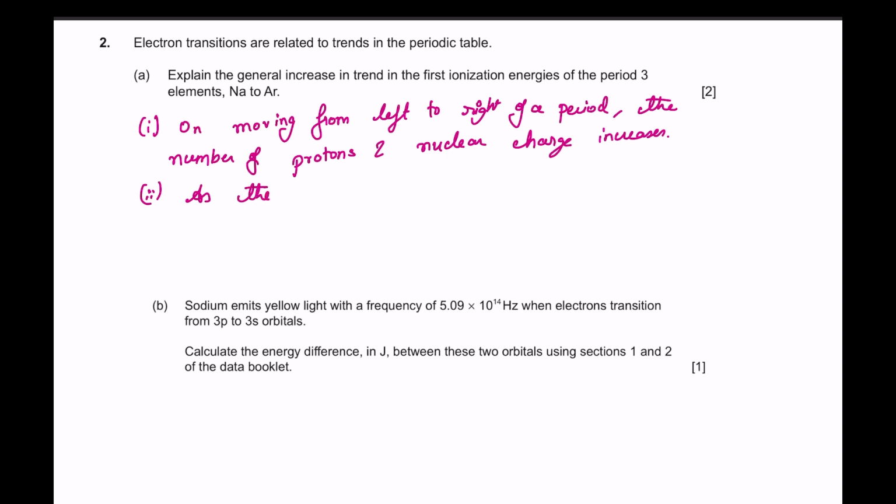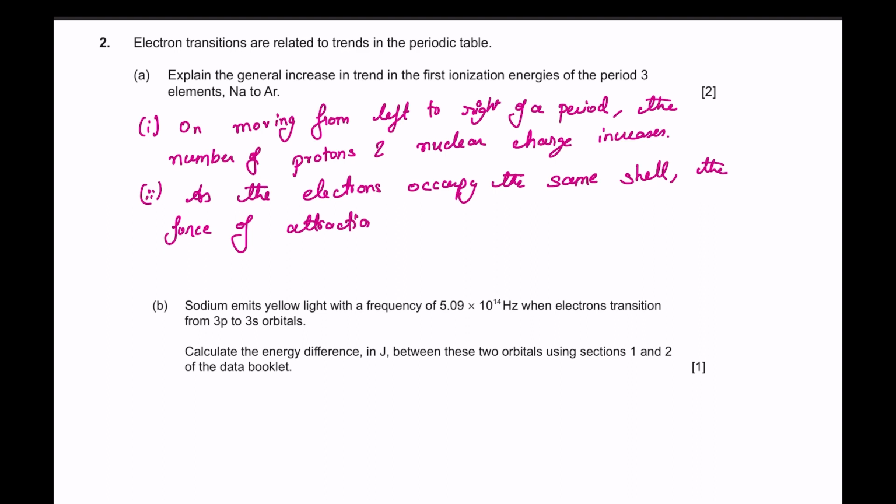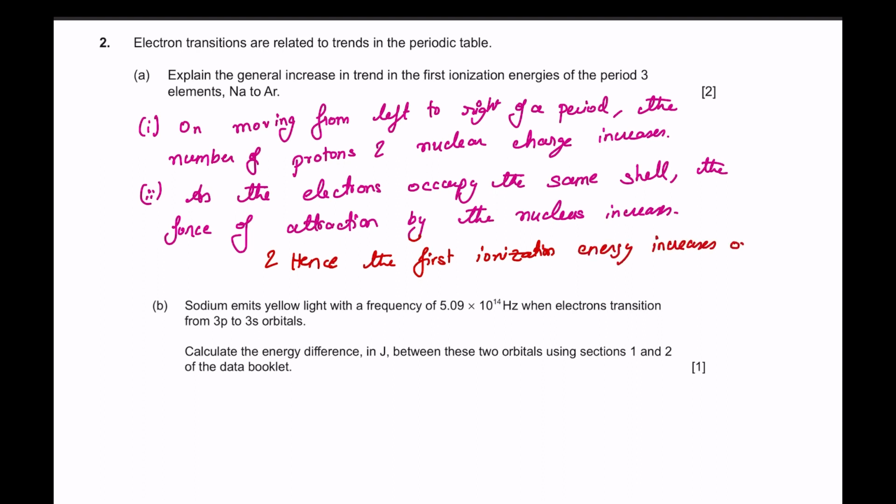As the electrons occupy the same shell, the force of attraction by the nucleus increases, and hence ionization energy increases on moving left to right of a period. We are specifically asked for period 3, so we can just write period 3 here.